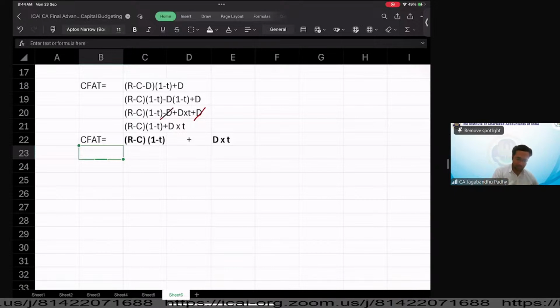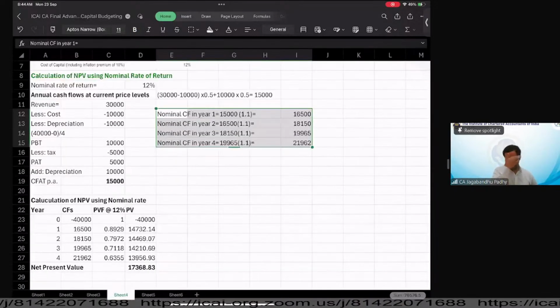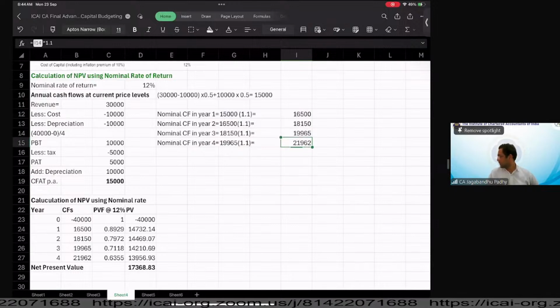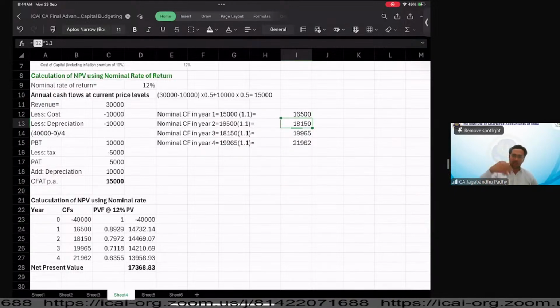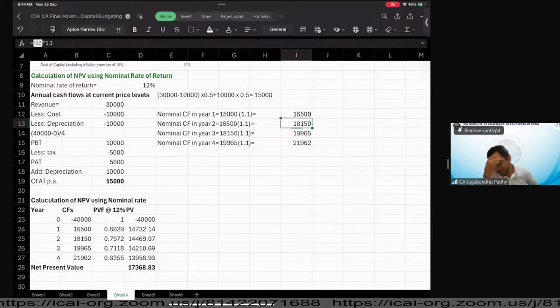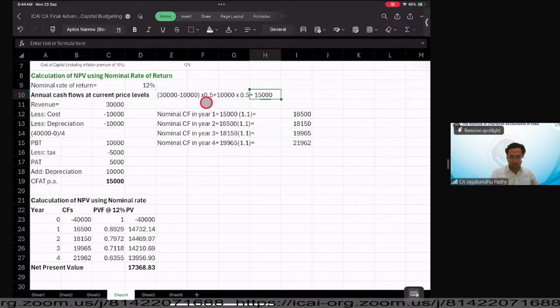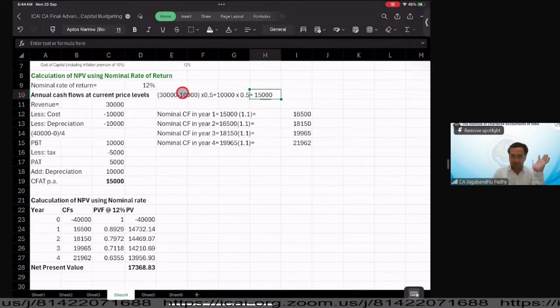But can I say, when we calculated the nominal cash flows here, we increased the entire CFAT abruptly with the inflation rate of 10%. Can I say that was a mistake on our part? Are you able to get the crux of what I'm asking you? This 15,000 comprised of two components: 30,000 minus 10,000 into 0.5, this component which was getting impacted by inflation.